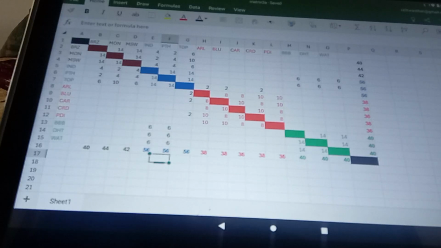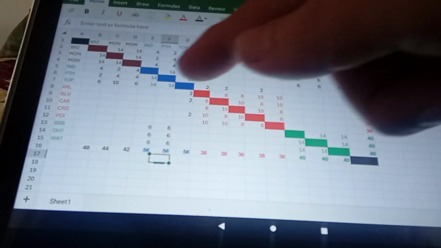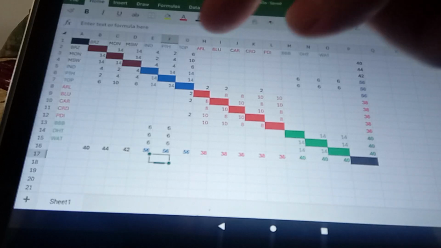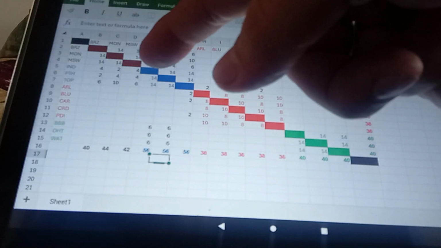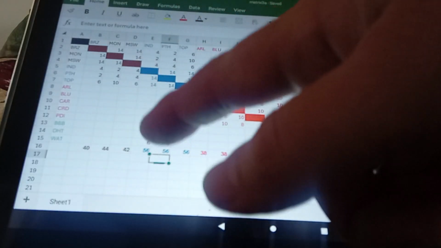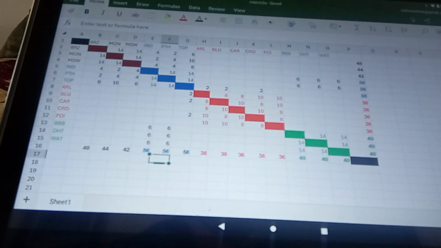So now I did get my totals done down below here with the 38s. And now we have 56 games done for all 3 Midwest teams. Indiana plays 4 against Baton Rouge, 2 against Monroe, 4 against Mississippi. You have your Port Huron and Topeka 14s, and then 6, 6, and 6 against Binghamton, Danbury, and Watertown. So on and so forth.